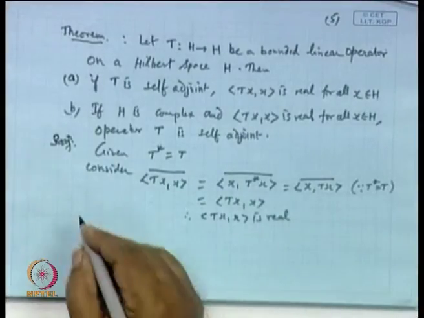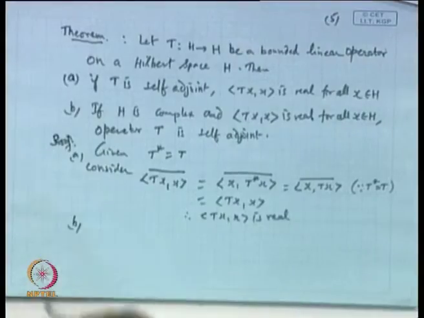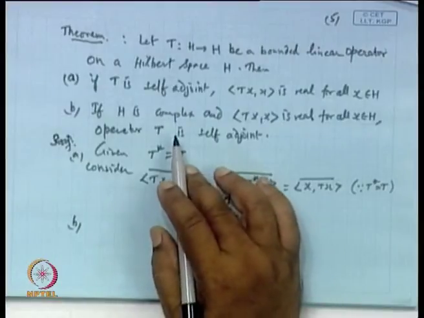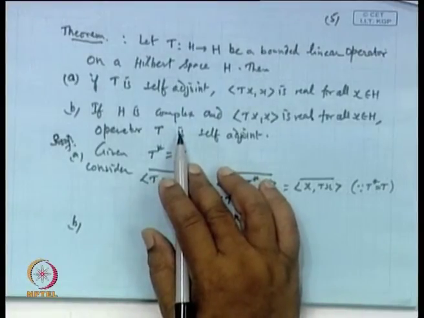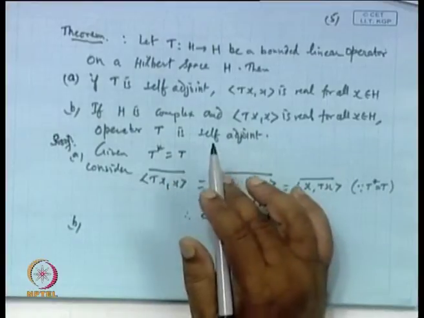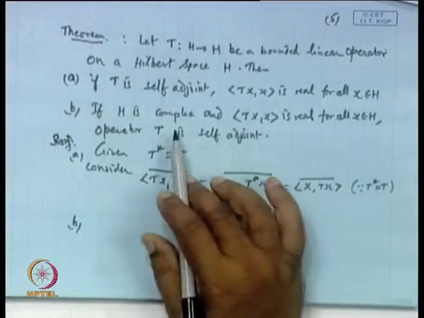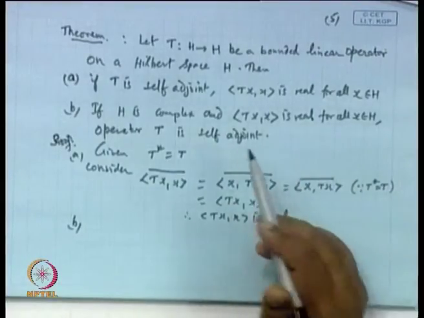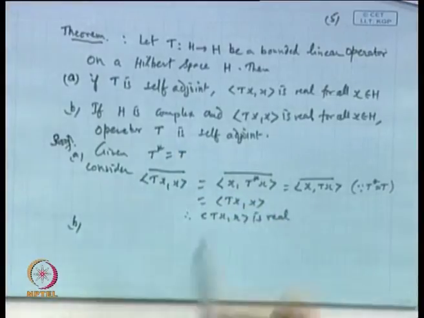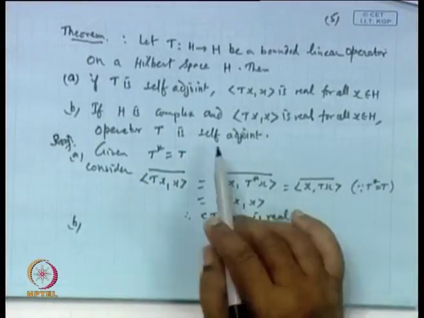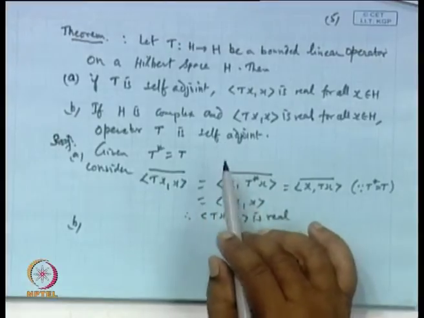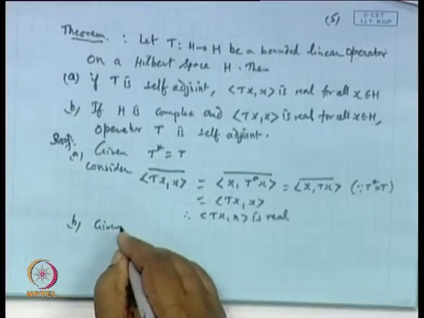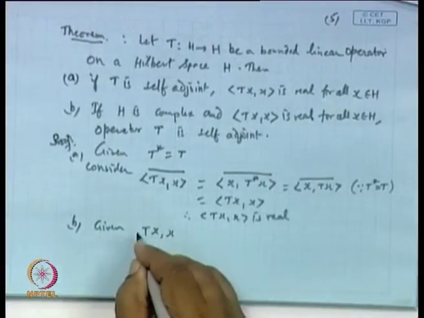Nothing too much. For part B, given H is complex, it means the Hilbert space H should be complex valued, the field of scalars should be complex numbers. For real it may not be true, we cannot get the conclusion. So H has to be complex here, and Tx, x is real for all x, then operator T is self-adjoint. What is given? The inner product Tx, x is real.